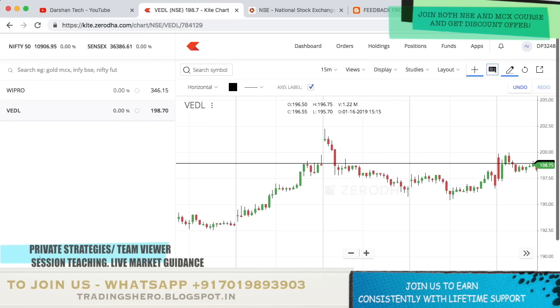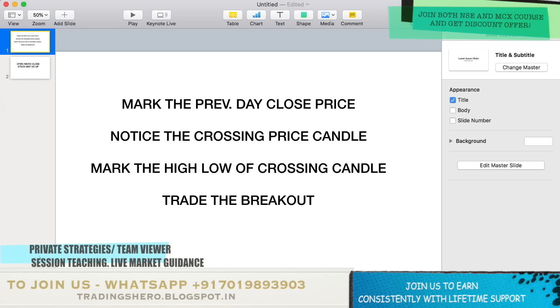As you can see, on the next day this price crossed this line, that is yesterday's closing price. So this is the candle. Now what we have to do is mark the high and low of the crossing candle and trade the breakout. It is as simple as that. So the first step we have done, which is marking the previous day closing price.